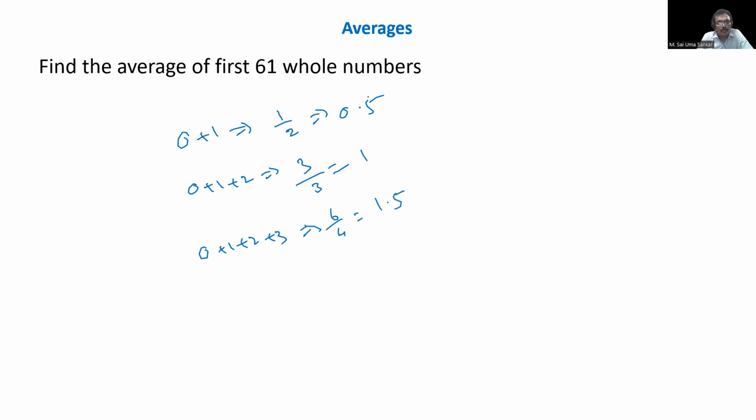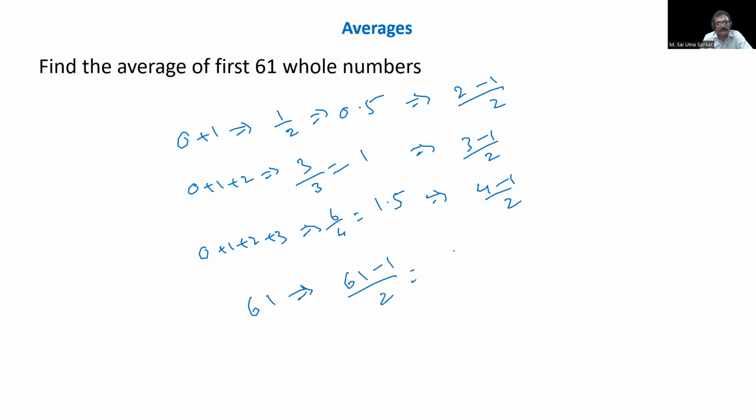If you observe, 2 gives 0.5, 3 gives 1, so this is 2 minus 1 by 2. This implies 3 minus 1 by 2. And what about this one? This is 4 minus 1 by 2. Here 61, then what happened? 61 minus 1 by 2, that is equal to 30.